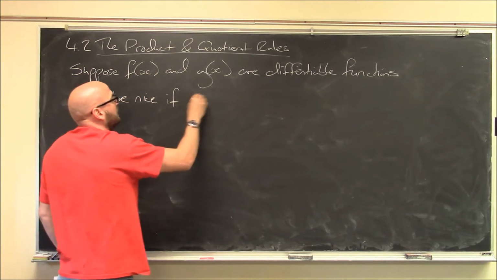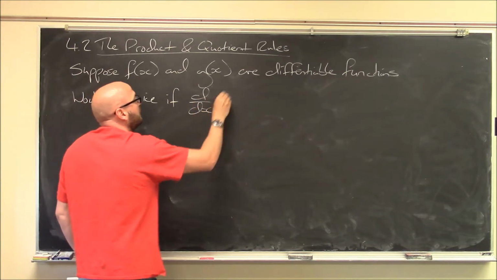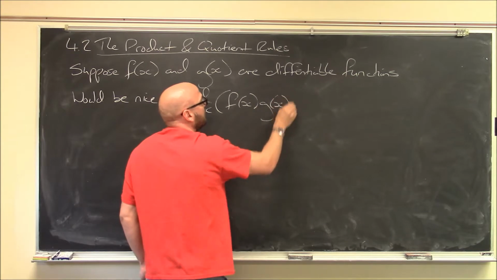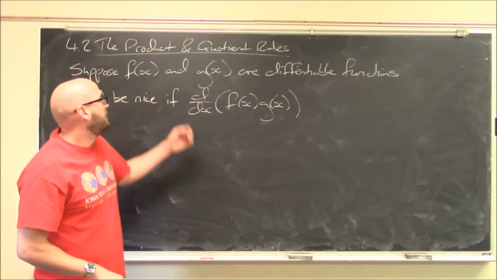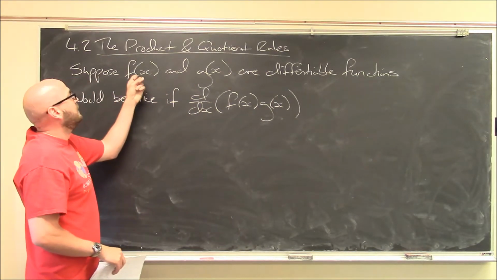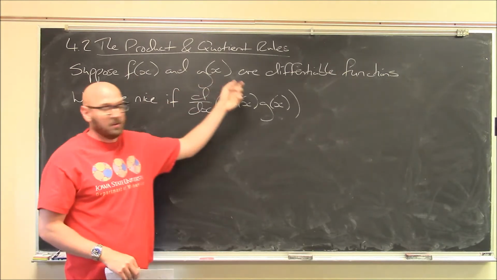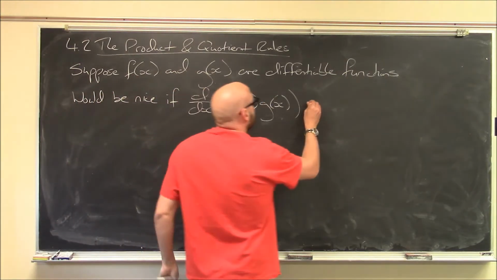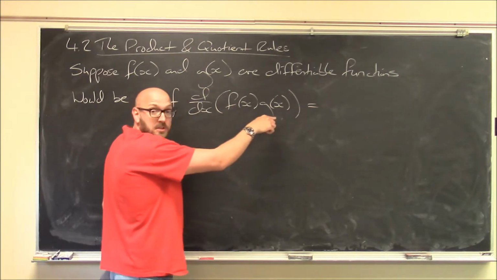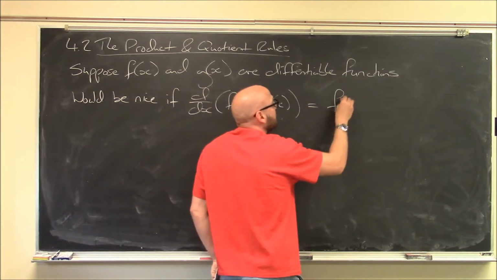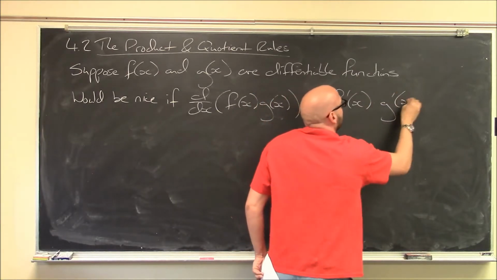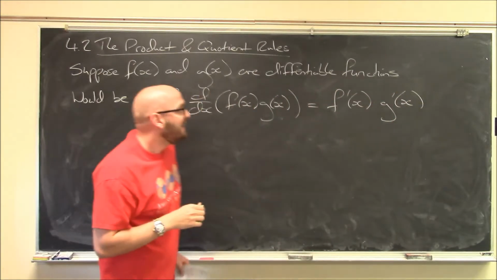So I want to take the derivative of f of x times g of x. Think of this as maybe this function is 2x and this one is x squared or something, and I want to look at the derivative of their product. It would be really nice if to differentiate a product, f of x times g of x, all you had to do was take the derivative f prime, and multiply that by the derivative of g.